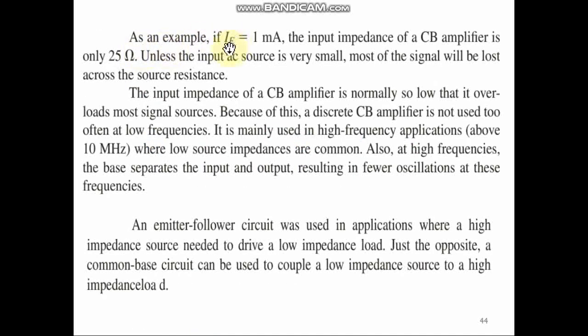As an example, if IE is equal to 1 milliampere, the input impedance of the CB amplifier, that is RE dash, we know is 25 millivolt upon IE. So 25 millivolt upon 1 milliampere becomes 25 ohm, which is very low. Unless the source resistance of the AC source is very small, most of the signal will be lost across the source resistance.